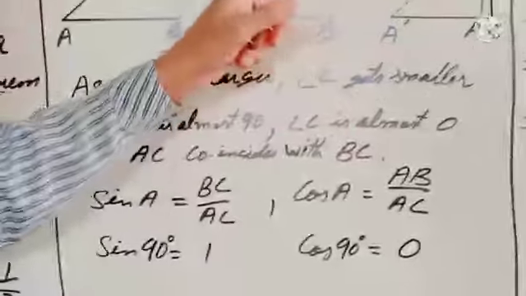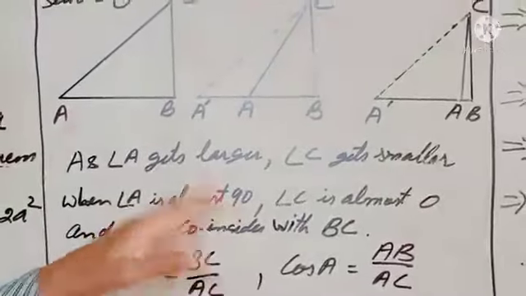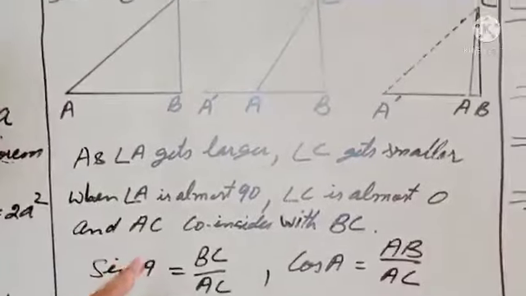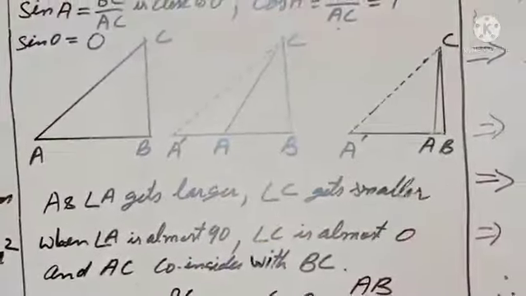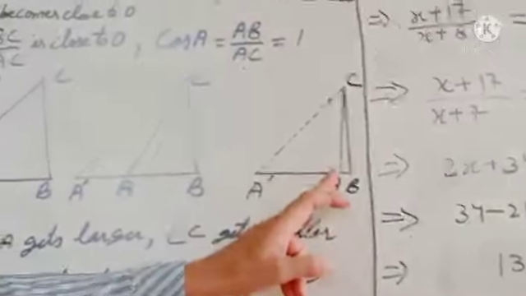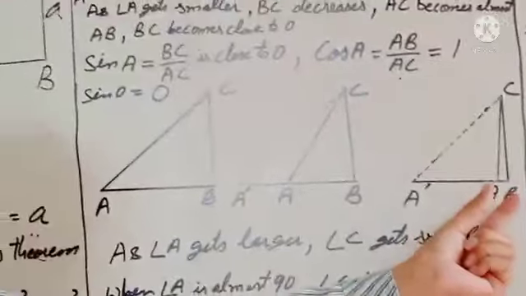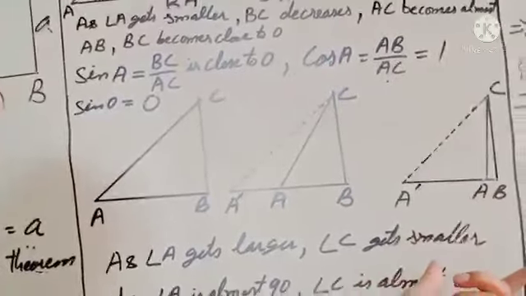When C gets smaller and smaller, what happens when A is almost 90, okay, and C is almost 0? What happens with AC? AC becomes almost equal to BC, right? And AB becomes almost 0.